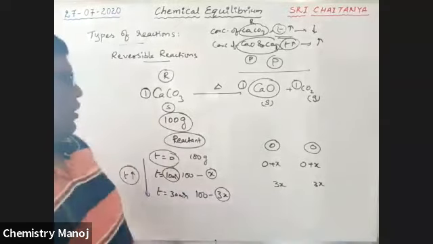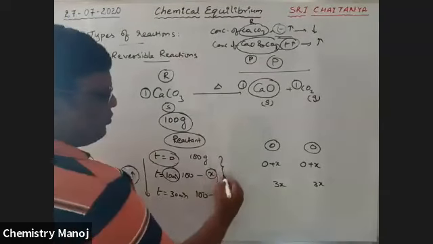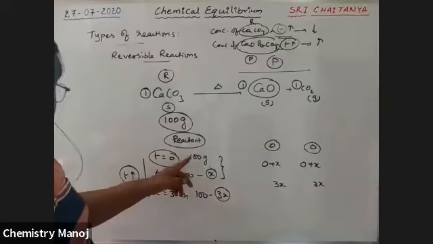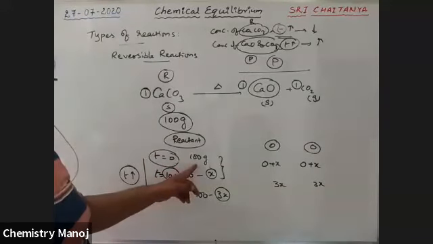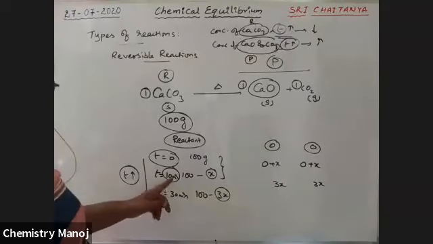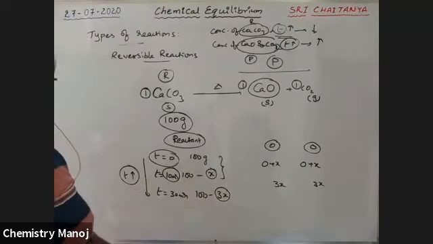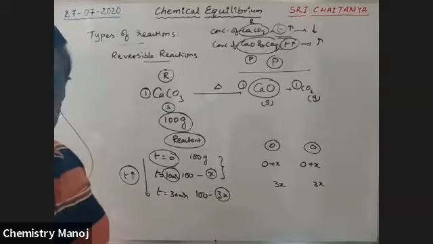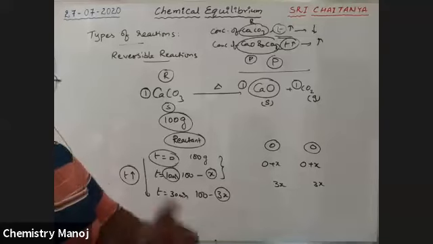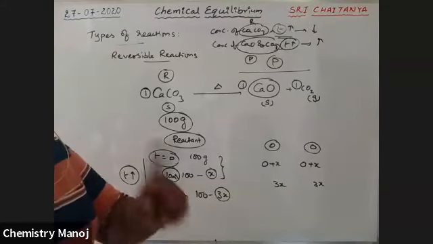So how much is the concentration changed for this reactant? Actually at time T is equal to 0, it is 100 grams. Now after 10 minutes, it is 100 minus X. How much value is changed, my dear boys? Change always means final minus initial.